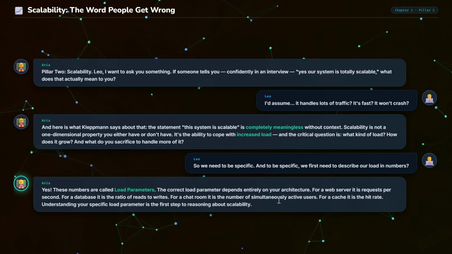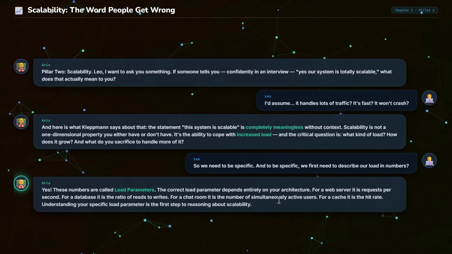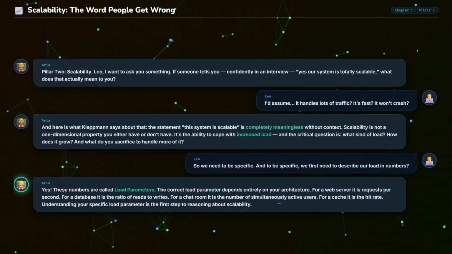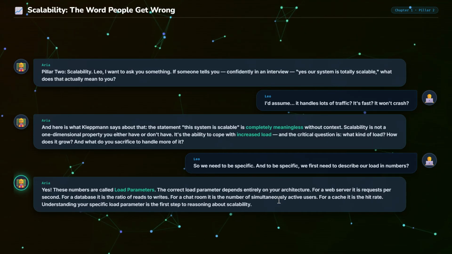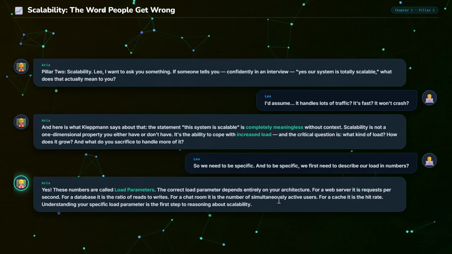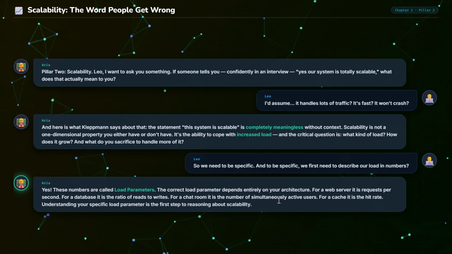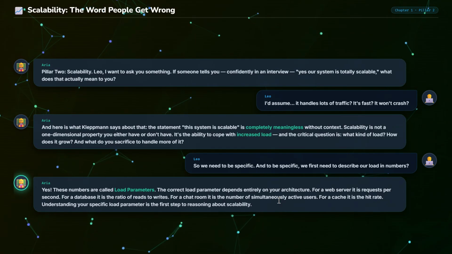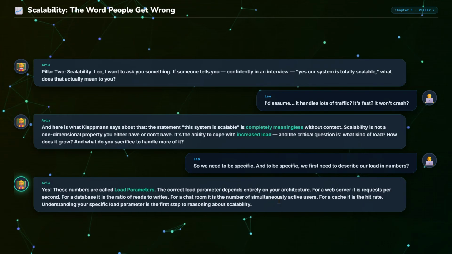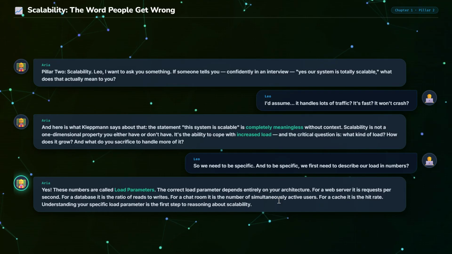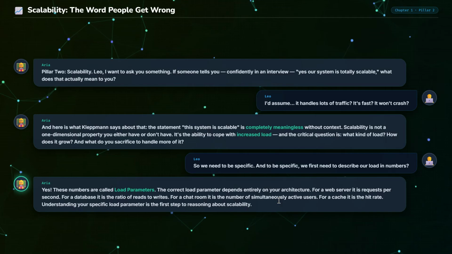For a relational database, the ratio of read operations to write operations. For a chat platform like WhatsApp or Discord, the number of simultaneously active users in a channel. For an in-memory cache like Redis, the cache hit rate. Identifying and tracking your specific load parameter is the very first step to designing for scalability.